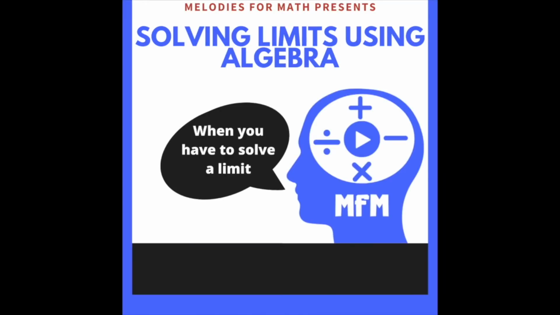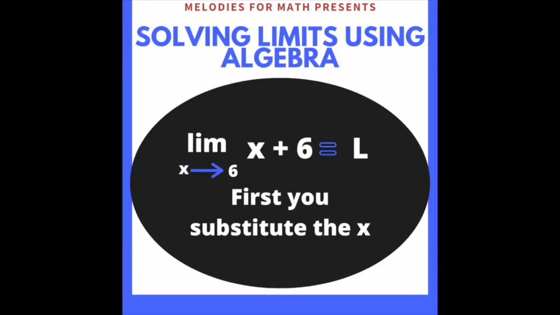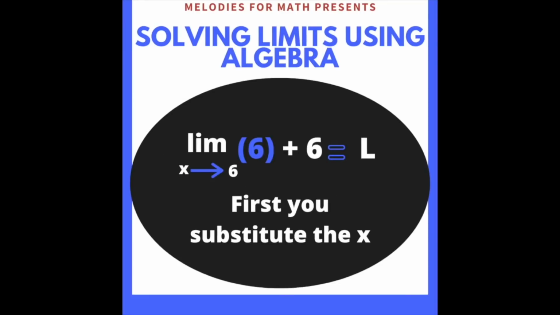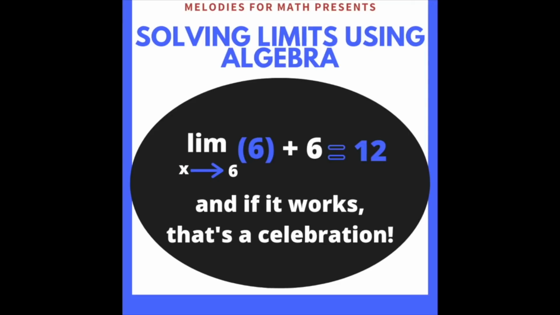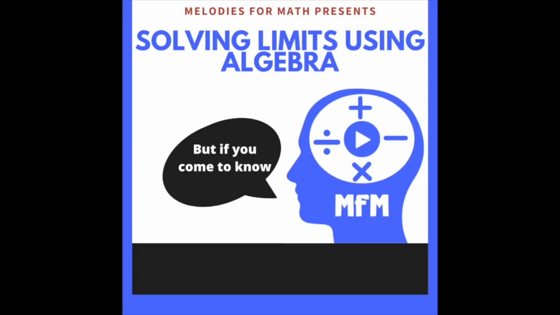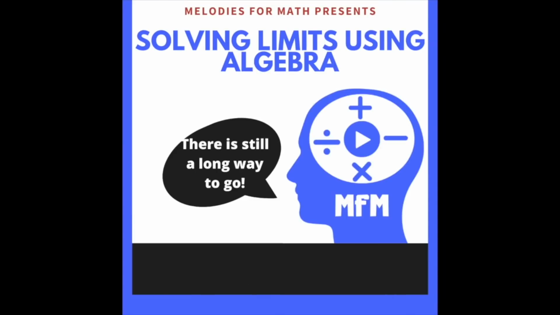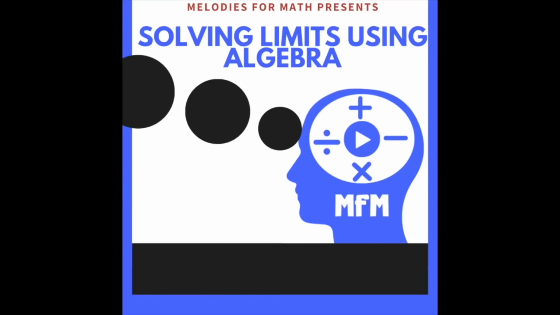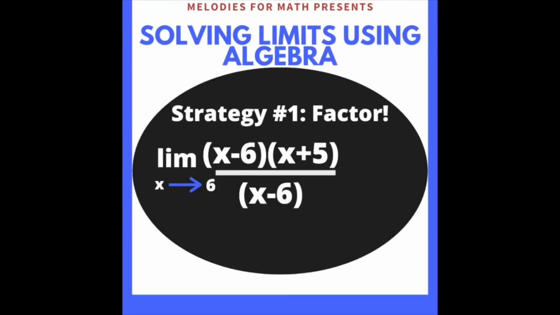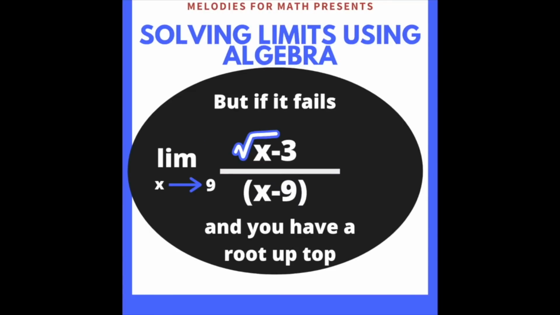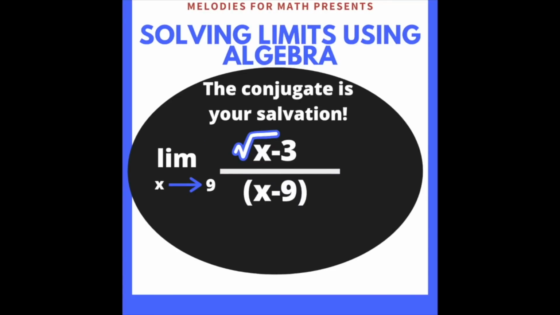When you have to solve a limit and are given an equation, first you substitute the x, and if it works, that's a celebration. But if you come to know that your answer is 0 over 0, there's still a long way to go. Here's some algebra you should know. The most common method is to factor and cancel the complications. But if it fails and you have a root up top, the conjugate is your salvation.